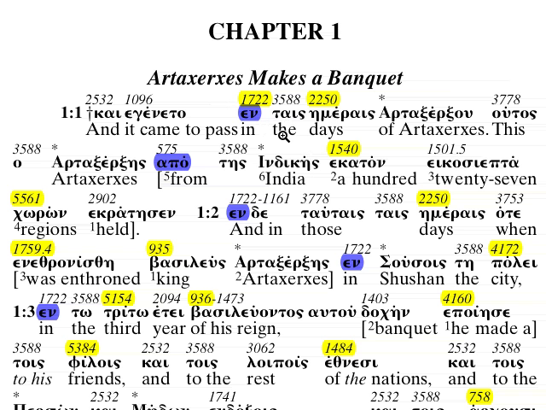Different people look at this king Artaxerxes as different Persian kings. There's Cyrus, Cambyses, Darius I, Xerxes, Artaxerxes I, Darius II, Artaxerxes II, Artaxerxes III, Arses, Darius III, and it goes on down. And exactly which one it's talking about here, I don't know.